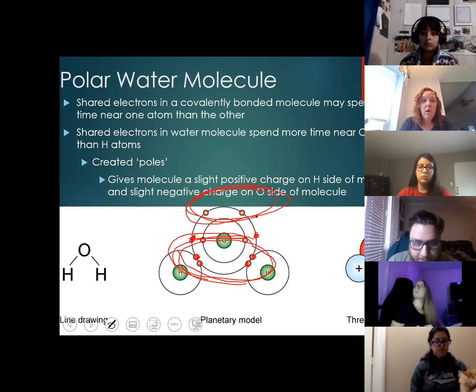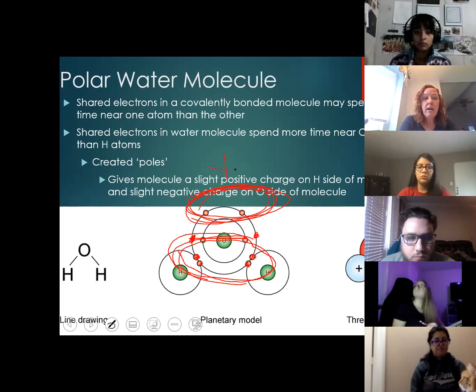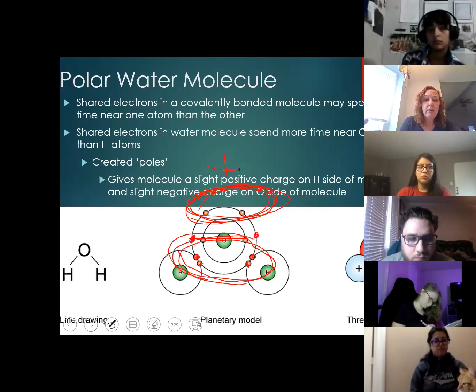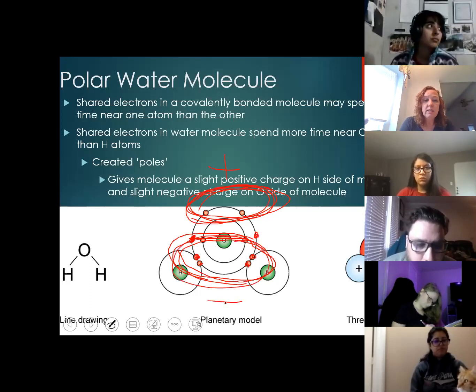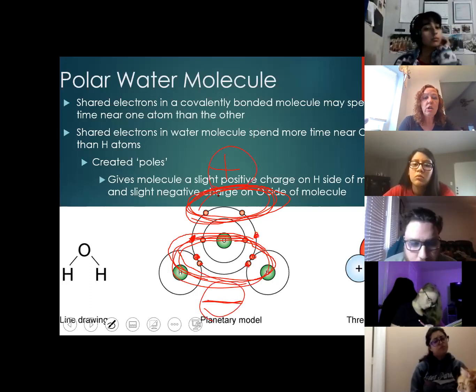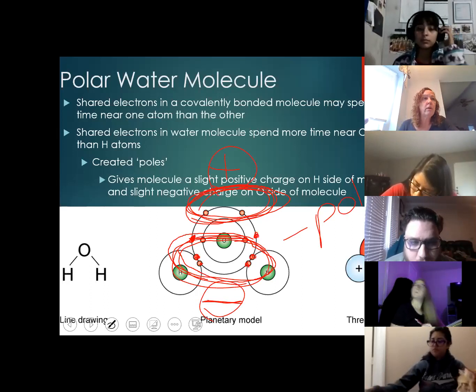But do you see how because we have fewer electrons, this area is going to be slightly more positive? And you see how there are more electrons, so this is slightly more negative. This is a difference in the charges, therefore, it would be considered polar.